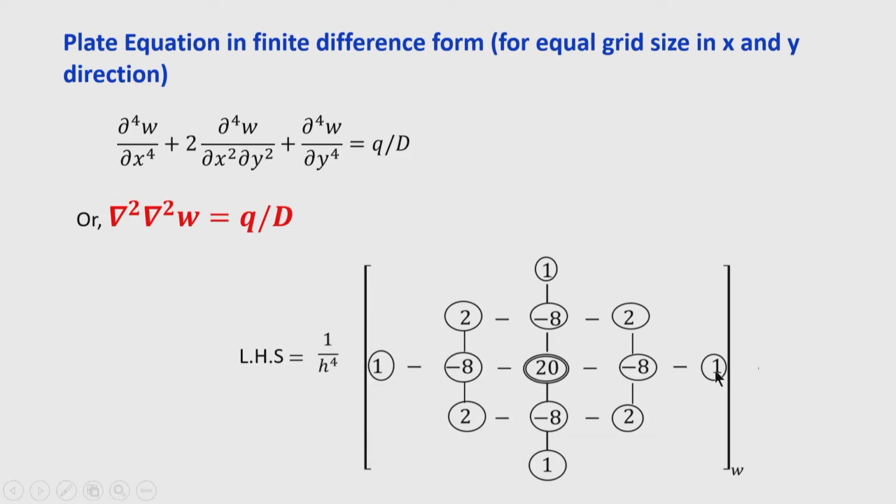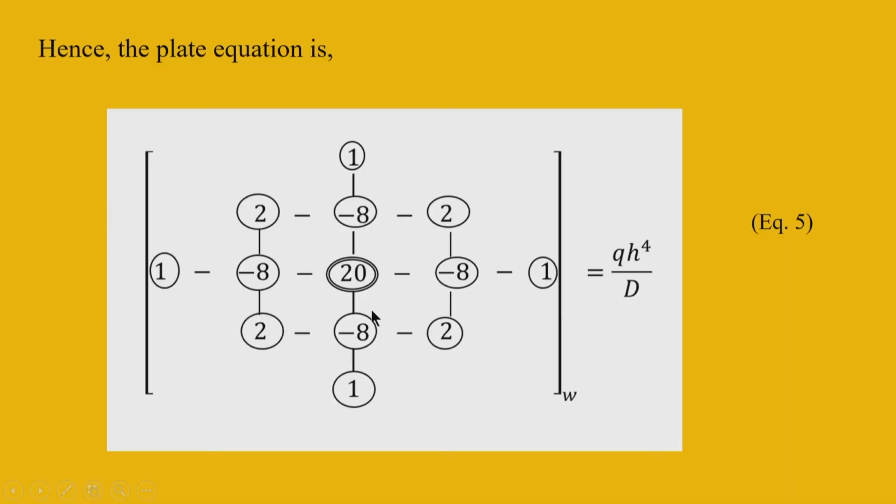This quantity may be understood as 1 into w 2, and any other quantities can also be interpreted. So, the plate equation in the stencil form is now our important tool to be applied in a problem using the finite difference form.